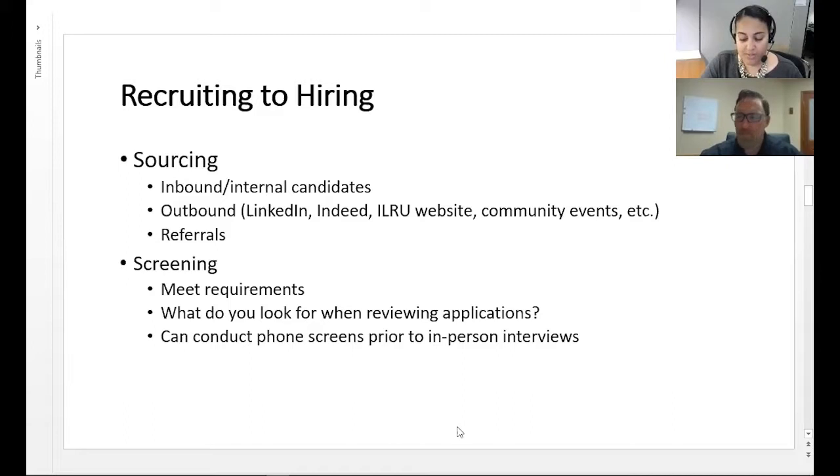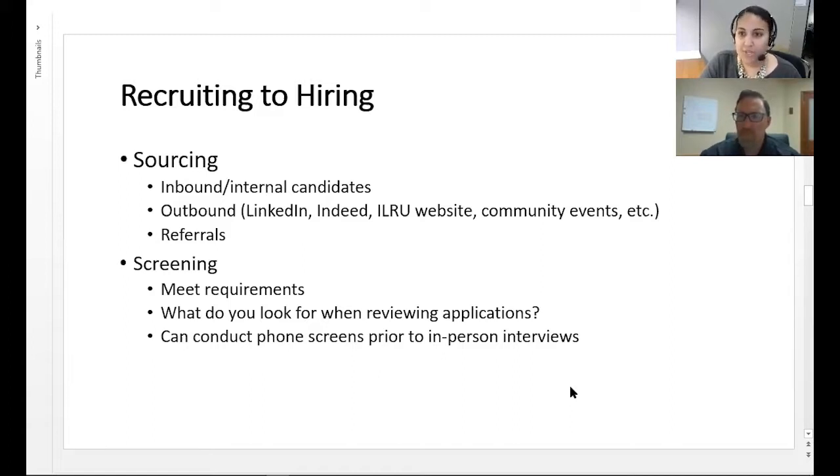And then also some other things to consider when you're looking at candidates. It's really easy to just look at those basic requirements and check people off, or eliminate them, but really consider some transferable skills. Maybe they're not familiar with independent living, but maybe they've worked with other nonprofits, and those could be skills that could transfer over to the role that you're looking to hire for.